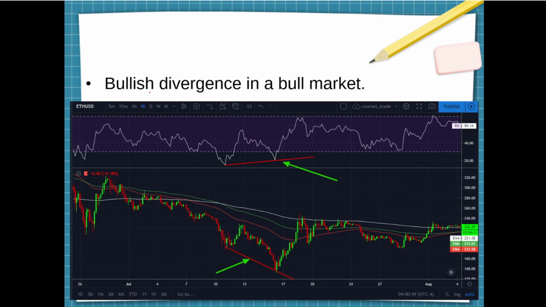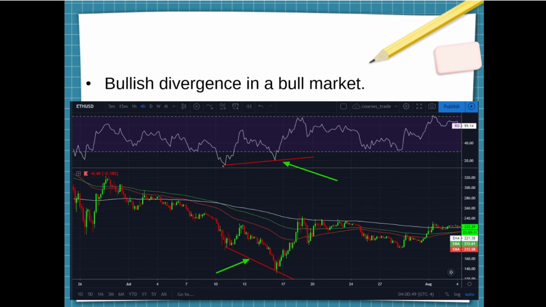A bullish divergence in a bull market. Now, this is a bull market. We are in a 4-hour time frame, guys. Pay attention to this one. This is powerful. In the 4-hour time frame, you have this. See, lower low in the price, but higher high on RSI.